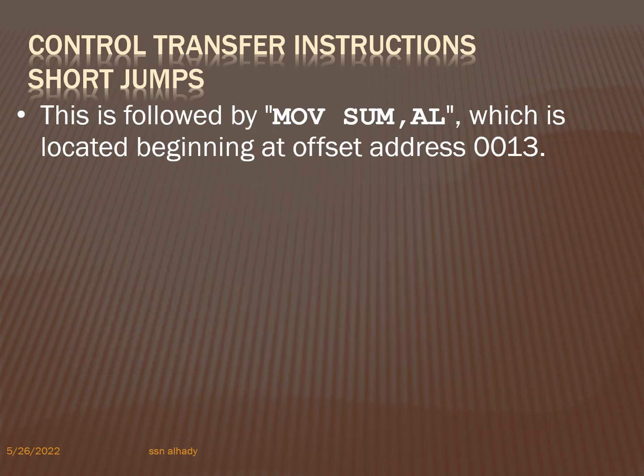This is followed by sum AL, which is located at the offset address 0013, after the jump instruction. The jump instruction is at address 0011. It requires another 2 bytes to have move sum AL, which is at location 0013.